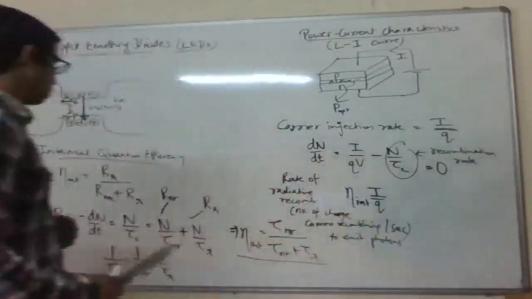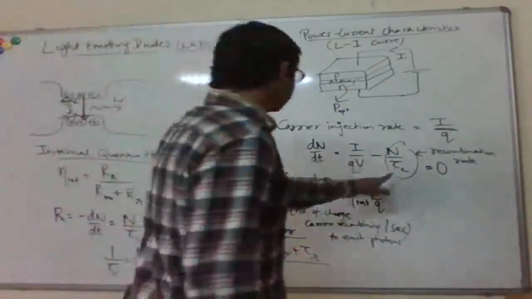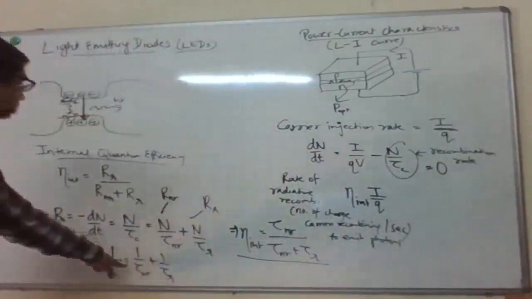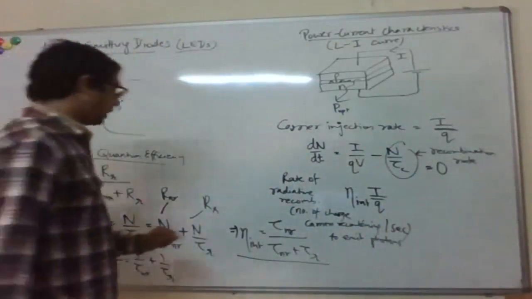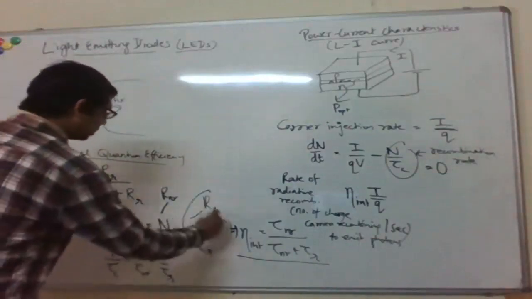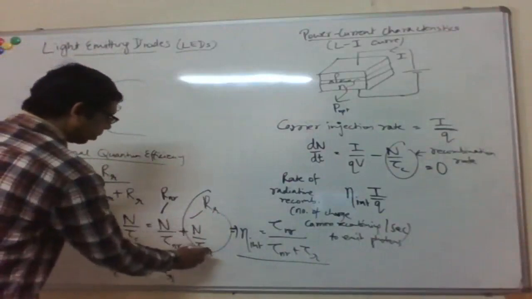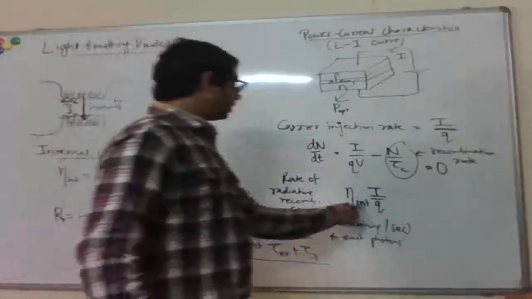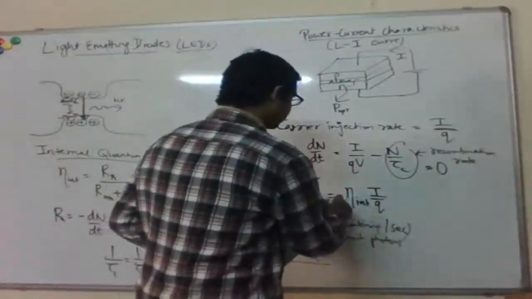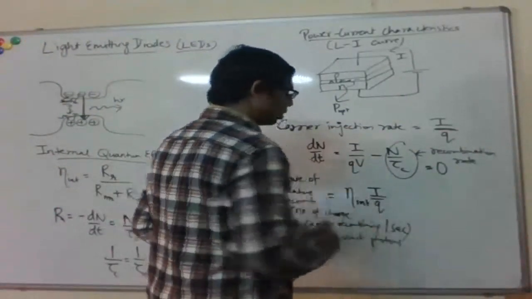Okay. So if we write the expression for tau c in terms of tau nr and tau r, and then we read the radiative recombination rate here is n over tau r, then basically we'll see that this rate is just, we can write it as the internal quantum efficiency times I over q, right?